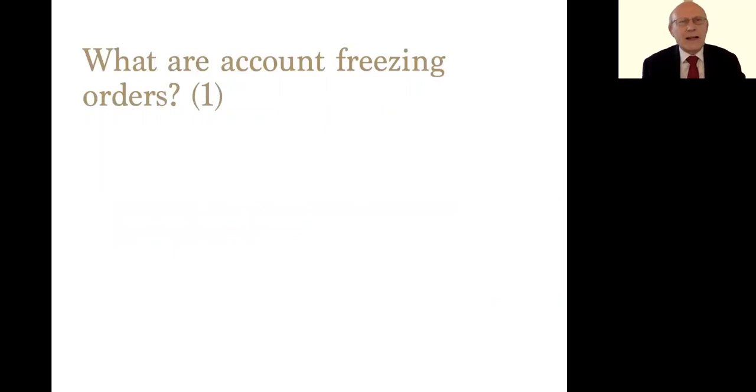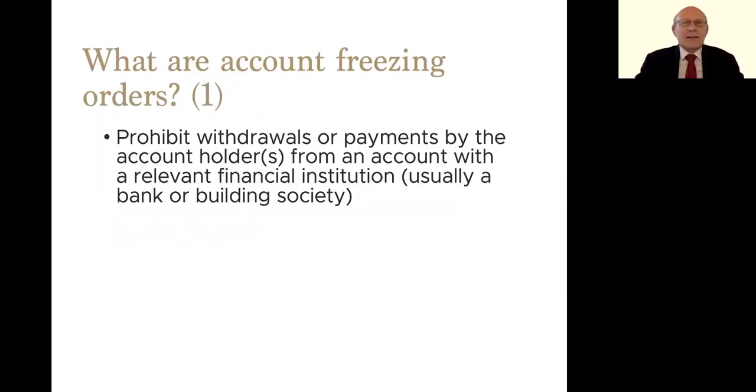So, what are account freezing orders? Well, they're orders which prohibit the withdrawal or the payment of monies from an account by the account holders or by anybody beneficially interested in the account or a signatory on the account, from an account with a relevant financial institution. And usually we're talking about a bank account or a building society account.